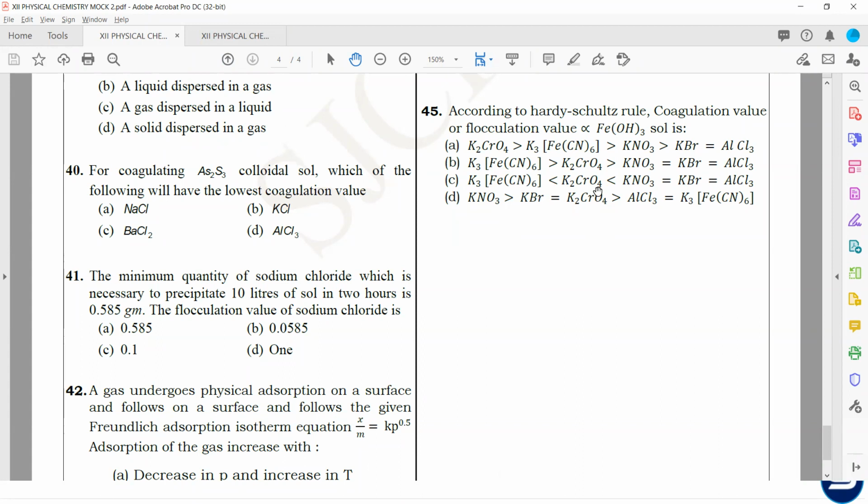AlCl3 equal कैसे आएगा? The answer should be D, right? The equal to sign is not correct. ये वाला नहीं होना चाहिए ना?